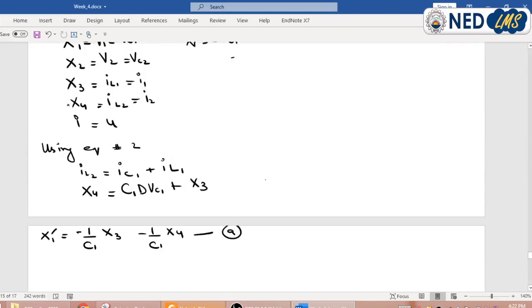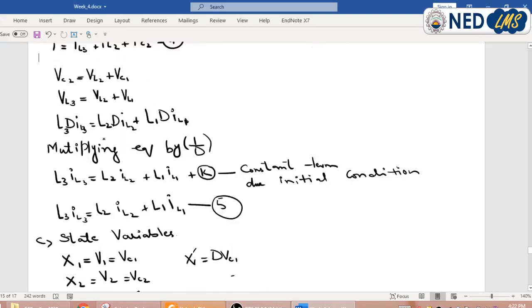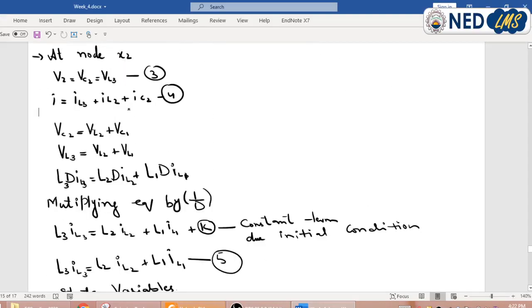For dVc2 or x2 dash, I will use the equation that involves IC2, from where I can get dVc2.